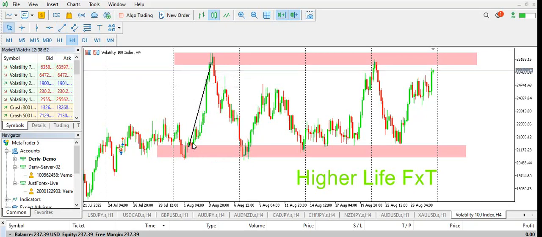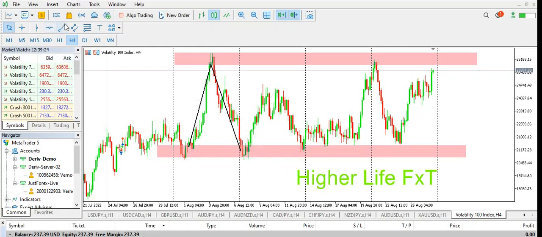Once price is rejected in the support area, we expect that it is going to reverse and go back up. As you can see, price was here, it was rejected on support, it went up and it was rejected on resistance. Upon being rejected on resistance, it came down to the support again. Price keeps on doing the same thing over and over again.